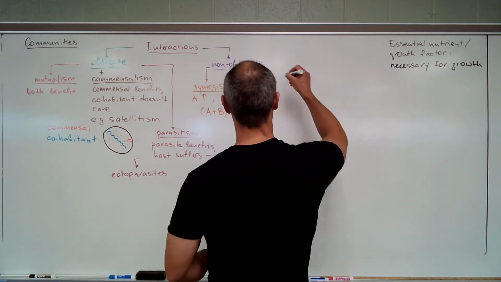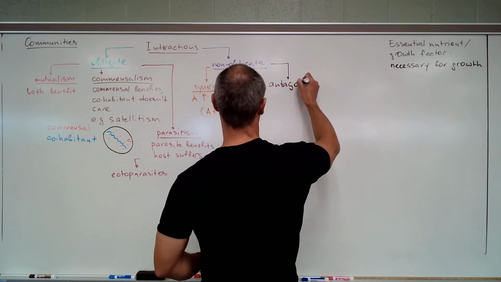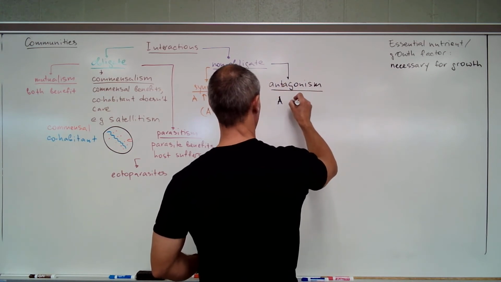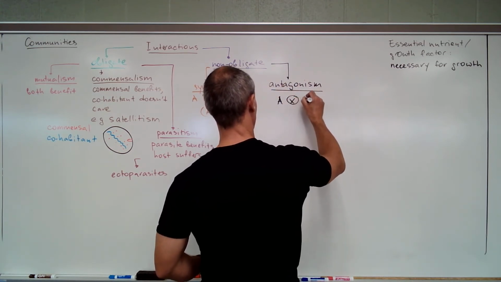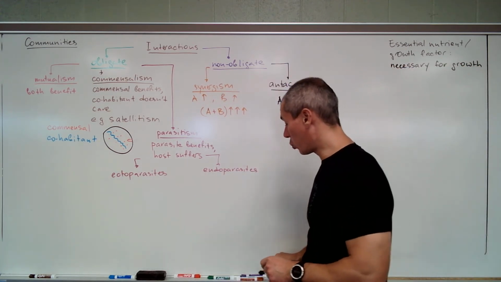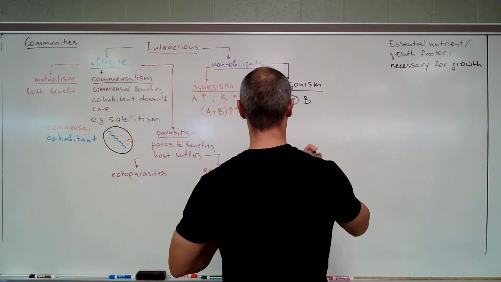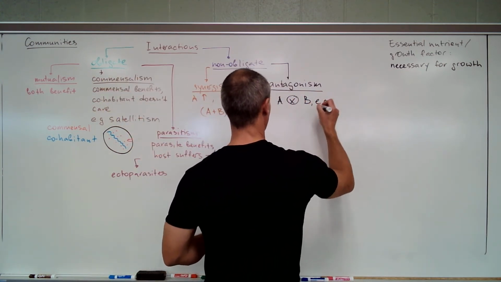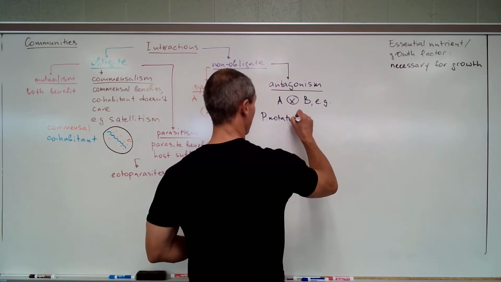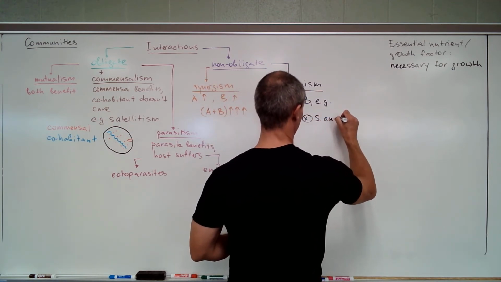And finally, antagonism, when one microorganism antagonizes another. One cannot grow in the presence of another organism. This will be, for instance, and that's just an example, you don't have to memorize it, Penicillium notatum inhibits the growth of Staphylococcus aureus.